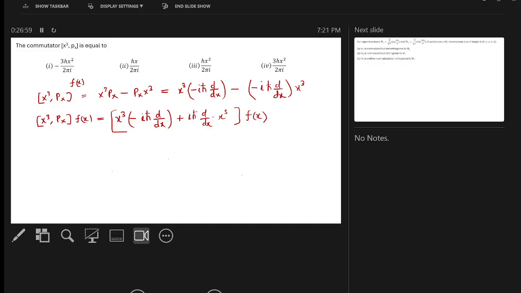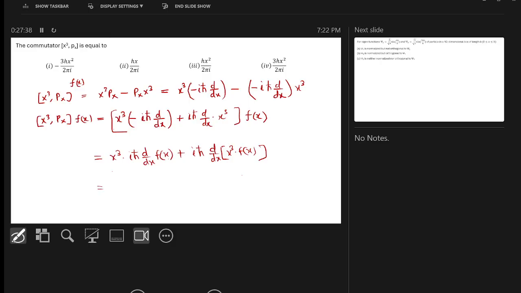Now let's try to solve this. So we take x cube times minus i h cross d by dx of f(x), minus minus i h cross d by dx of x cube multiplied by f(x).